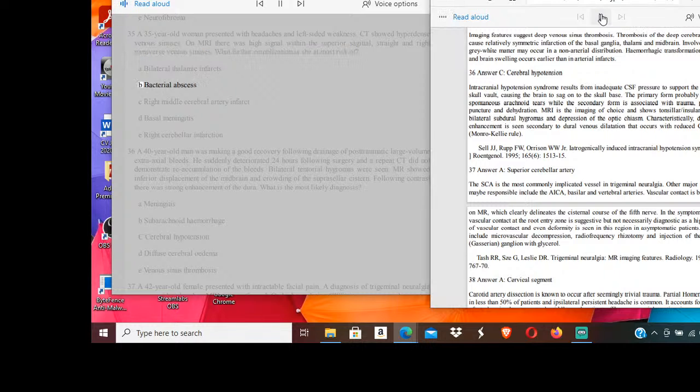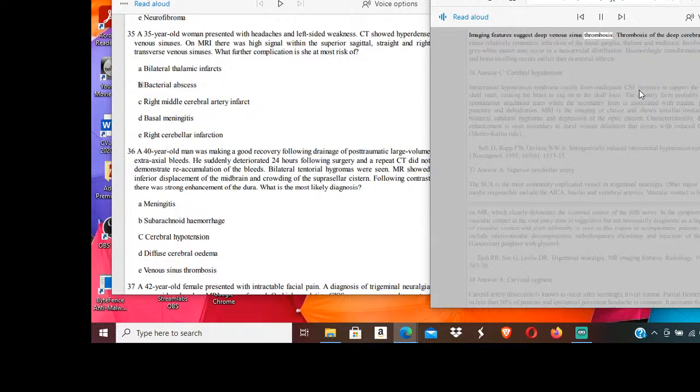A. Bilateral thalamic infarct. B. Imaging features suggest deep venous sinus thrombosis. Thrombosis of the deep cerebral veins may cause relatively symmetric infarction of the basal ganglia, thalami, and midbrain. Involvement of the gray-white matter may occur in a non-arterial distribution.